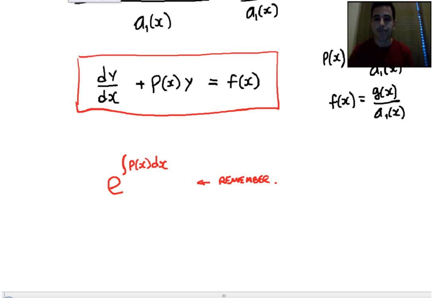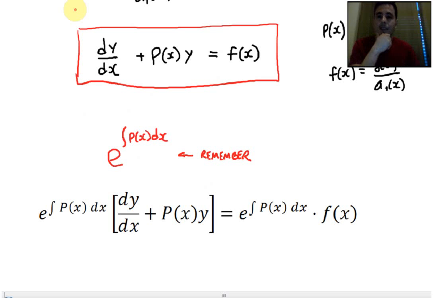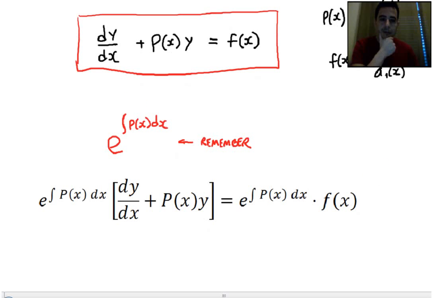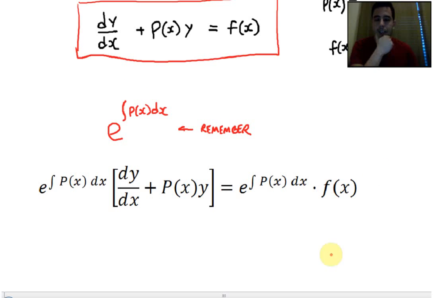So if we do that, this is what we get. We multiply both sides of the differential equation by this special expression. Now, let's multiply it out here and see what happens.